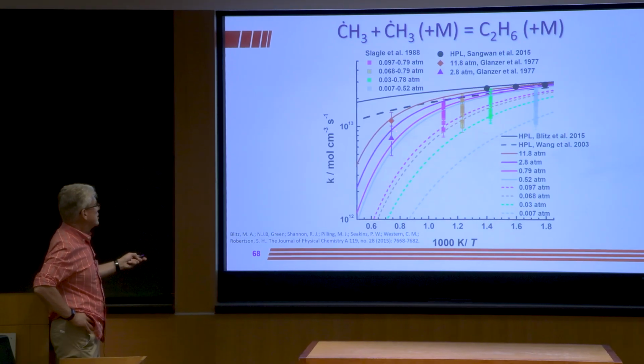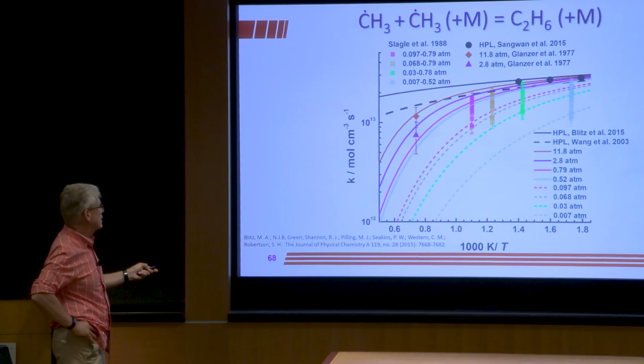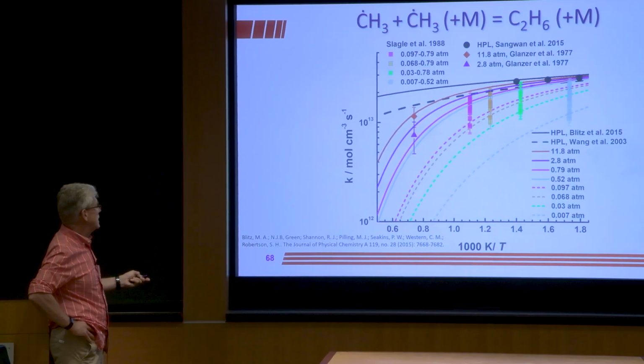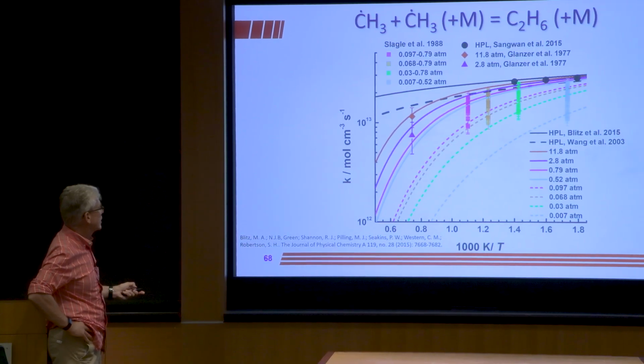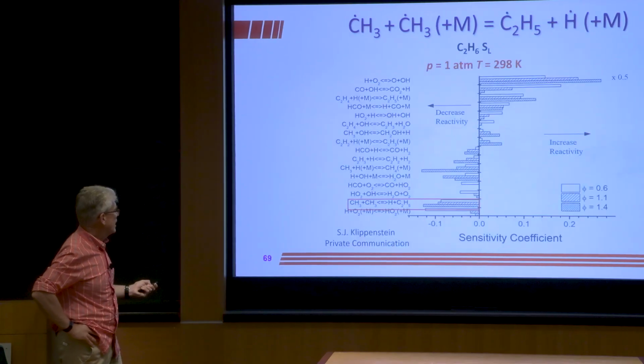So, and here are some measurements in the literature, and then this is the rate constant from Blitz, published in 2015. This is the high pressure limit. This is the rate constant at 11.8 atmospheres, 2.8 atmospheres, 0.79 atmospheres. And you can see these are other pressures too, okay? And so we're careful about that, okay?